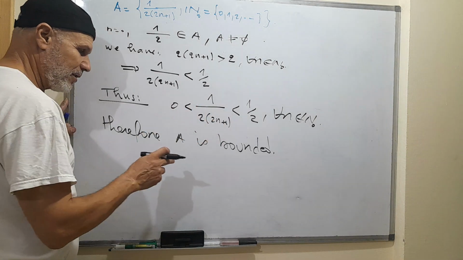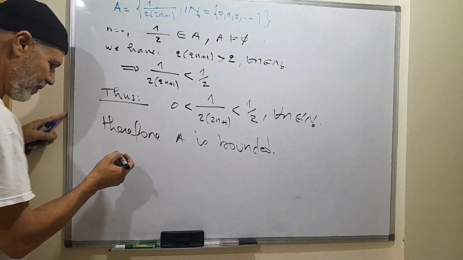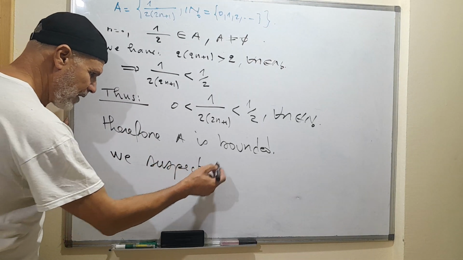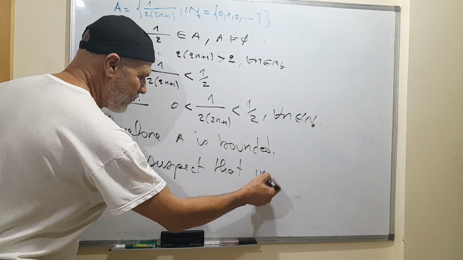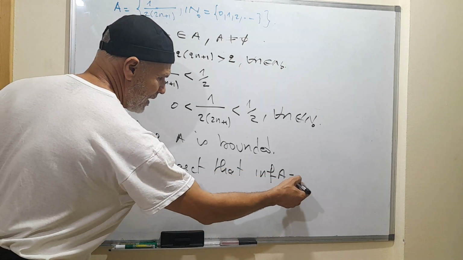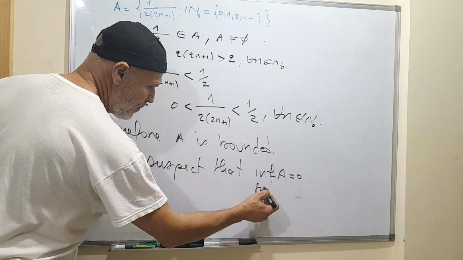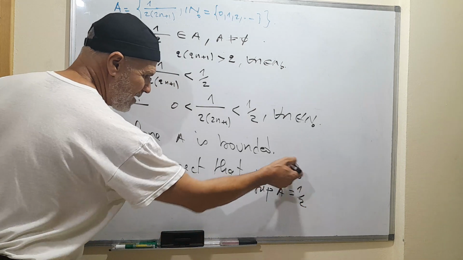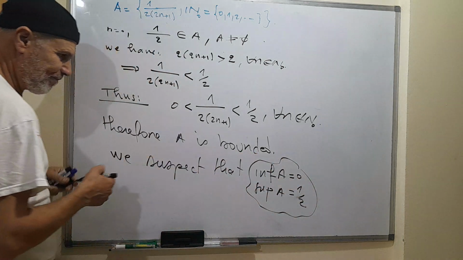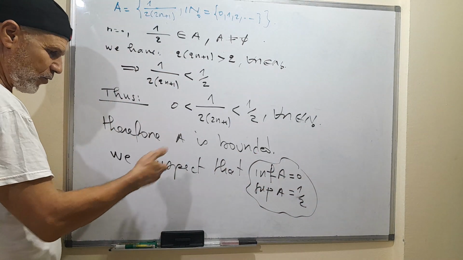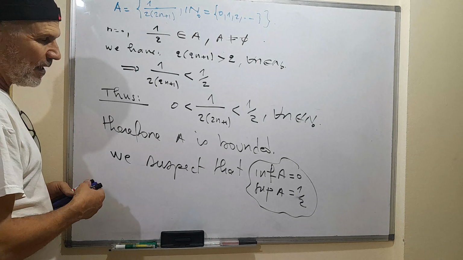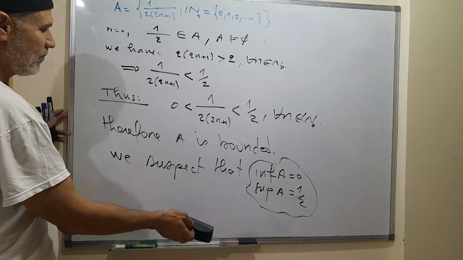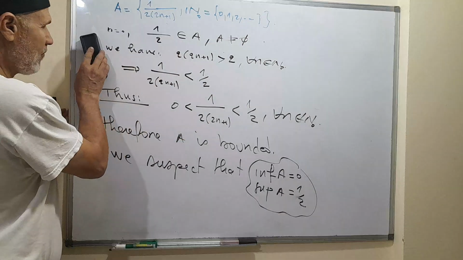From this point, we suspect that the infimum of A can be 0 and the supremum of A can be 1/2. We just suspect, we are not sure. To be sure, we need to use the characterization of the infimum and the supremum. Okay?